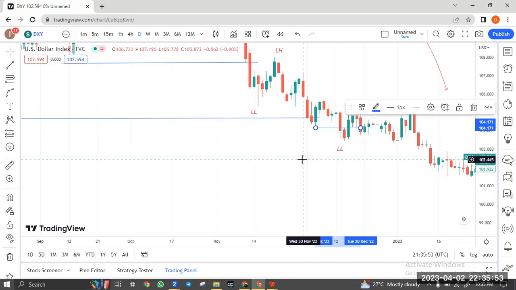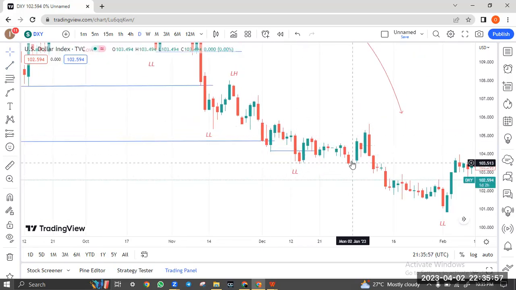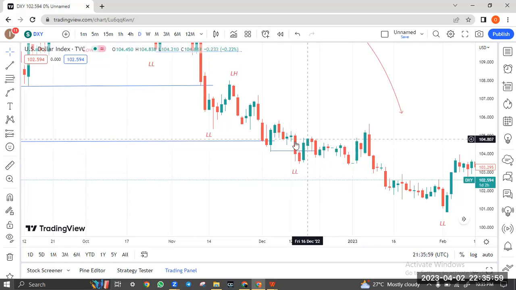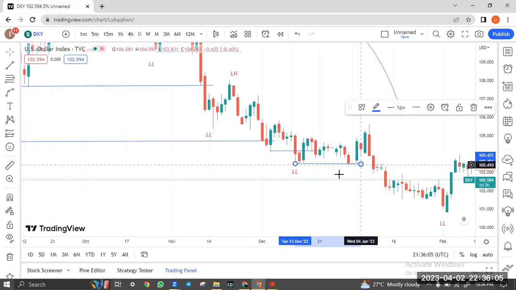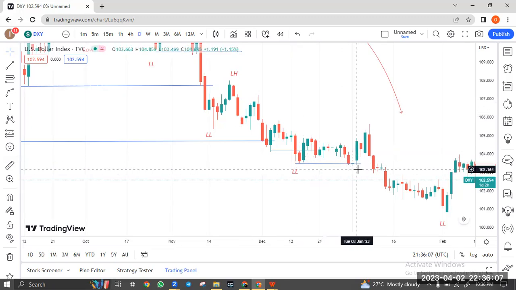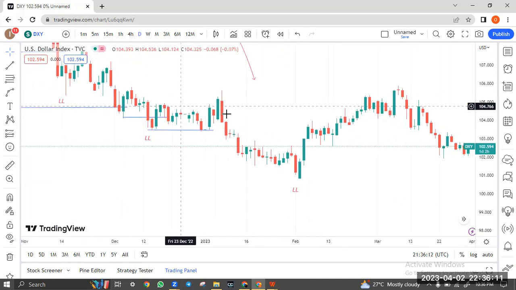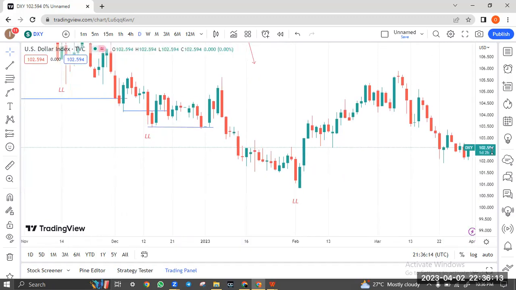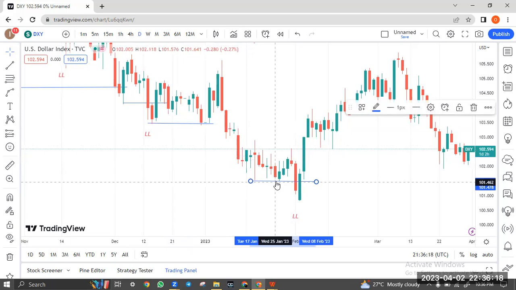Before they make their movement, they fill an imbalance, took out another form of liquidity again. Look at it here. They just poked it here, then they went out. You have it wherever you can find it. It's everywhere you go.